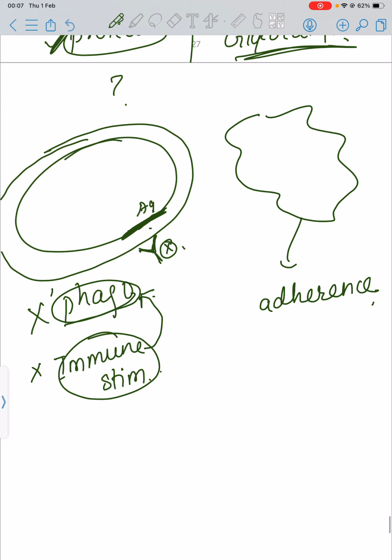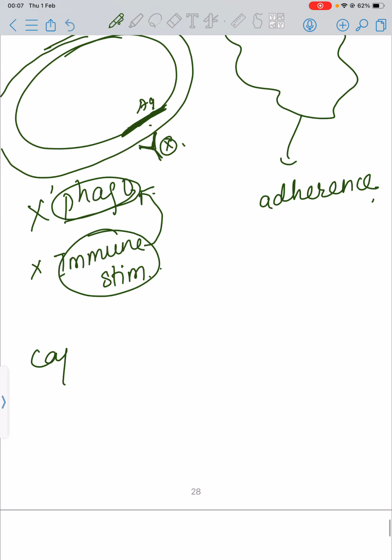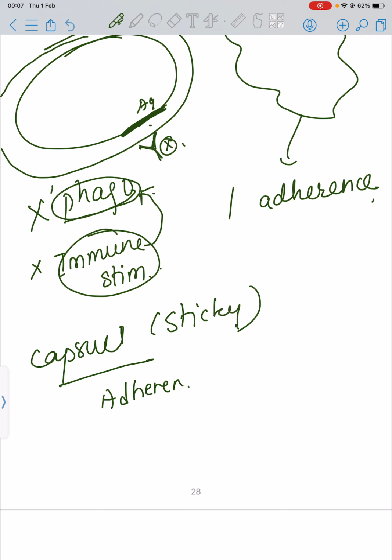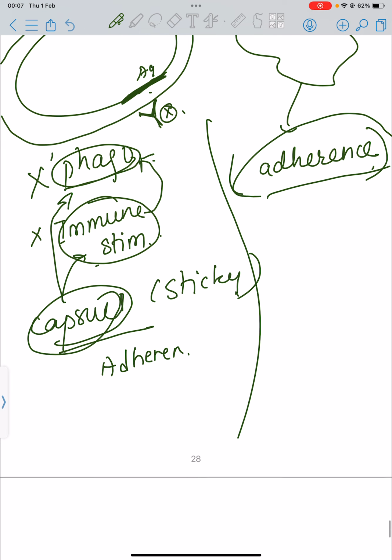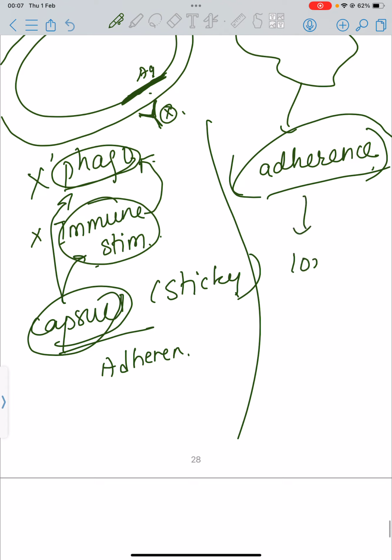Mind you, the capsule also helps in adherence, obviously because it's sticky, but more than that, the capsule is important for protection of the bacteria, that is, for anti-phagocytic and anti-immune responses. Glycocalyx, on the other hand, is just for adherence, and it helps to cause long-term infections and is a virulence factor.